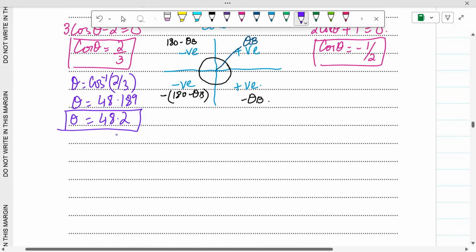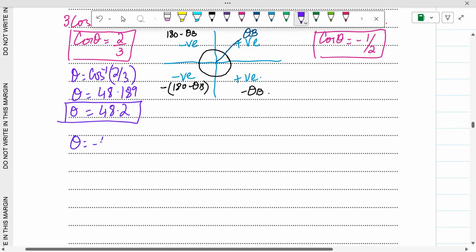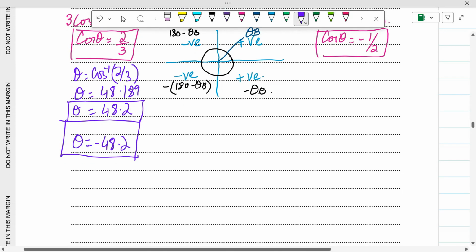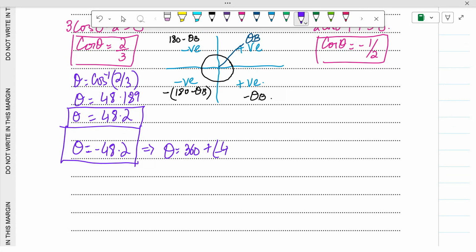So theta is equal to negative 48.2. This angle is negative, so you can make it positive by adding 360. So theta is equal to 360 plus negative 48.2, so we will have theta is equal to 311.8.